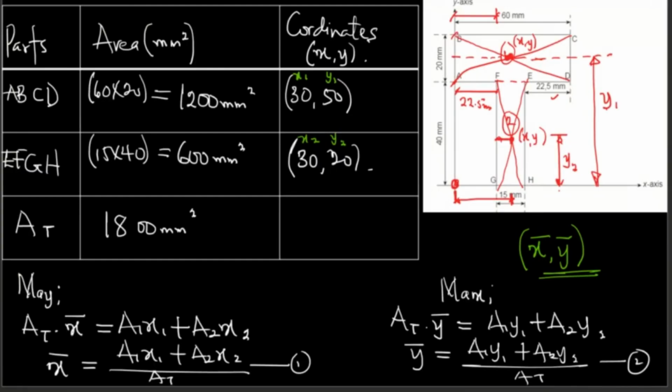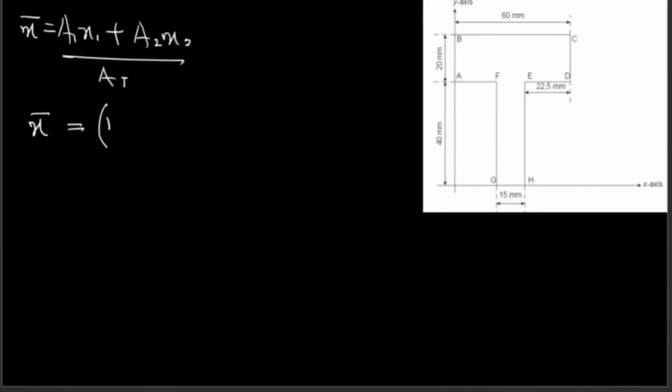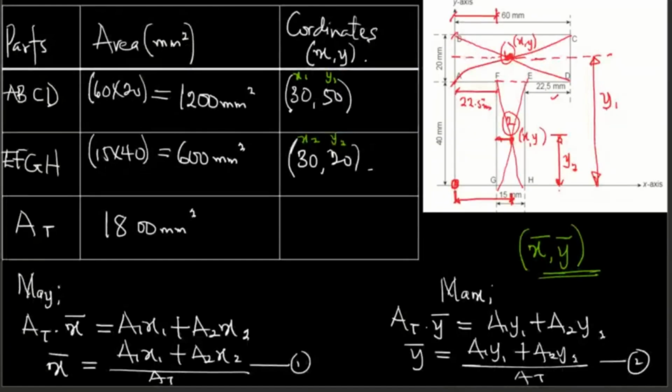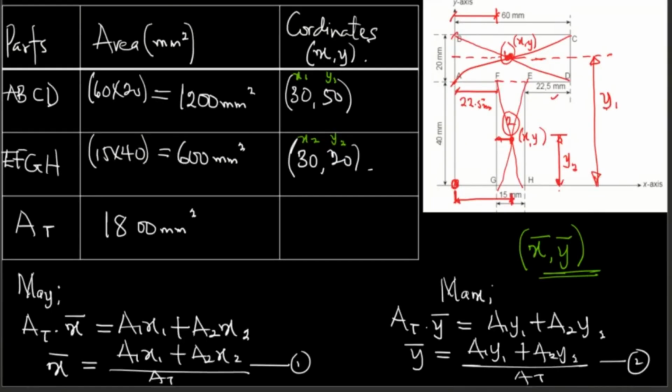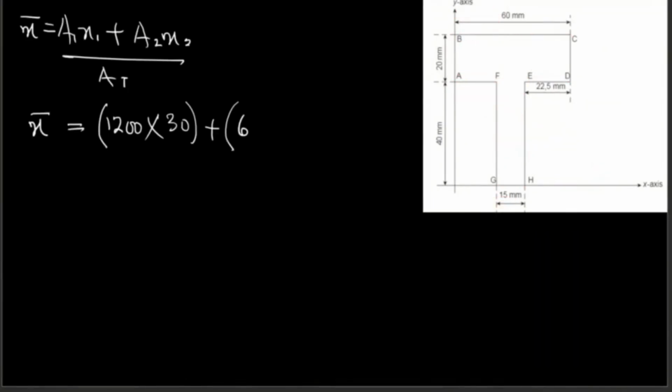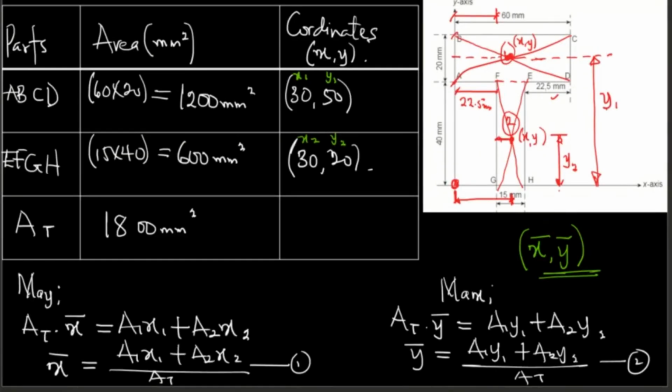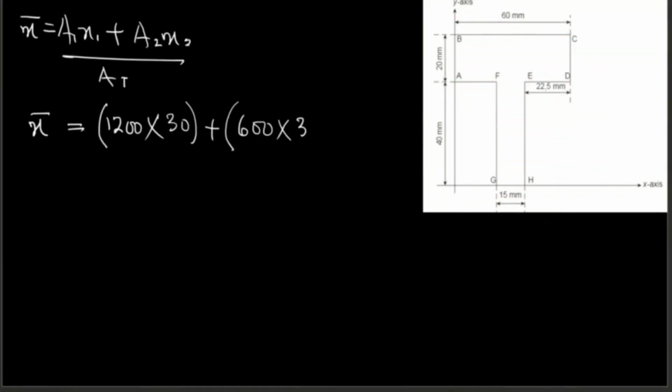So let's calculate that. A1 is 1,200. x1 is 30, plus A2, which is 600. x2 is 30. The total area is 1,800. And someone give me the value of the x centroid.